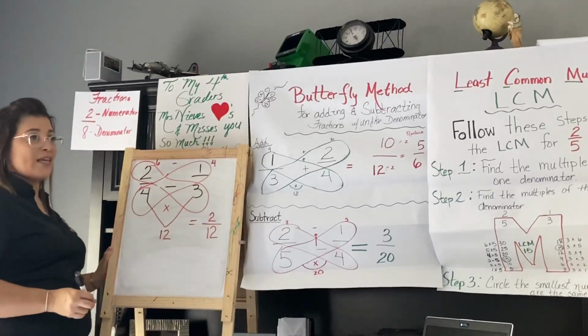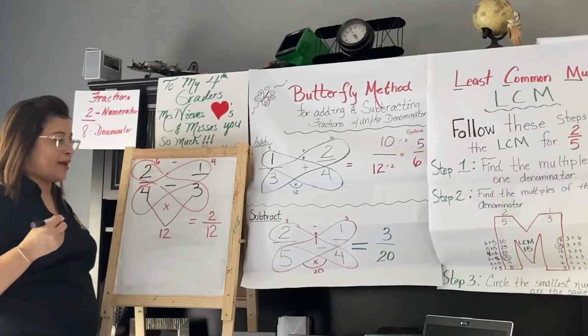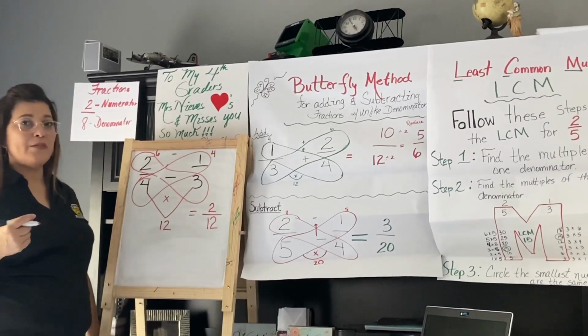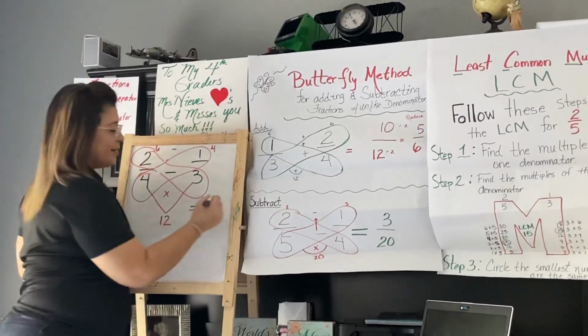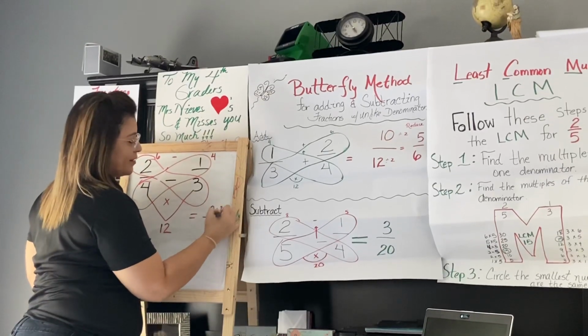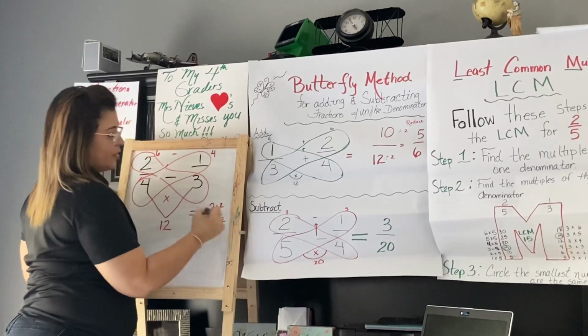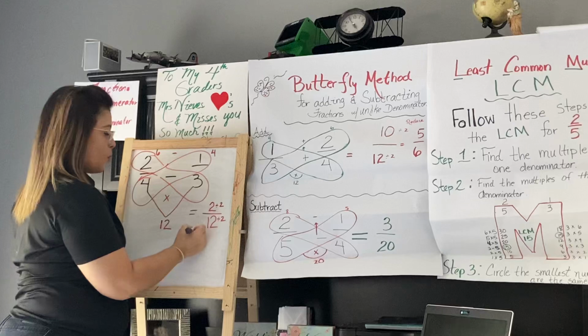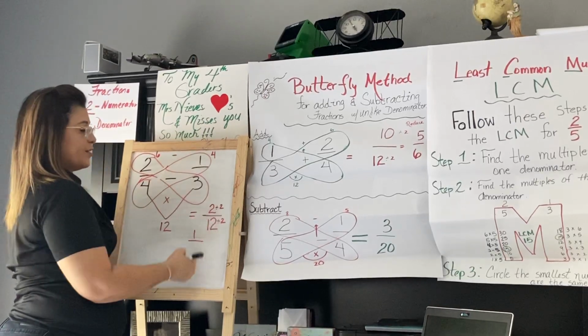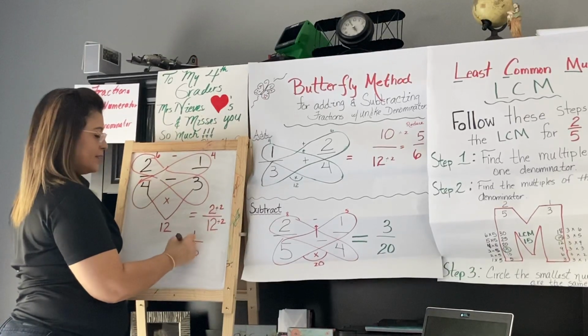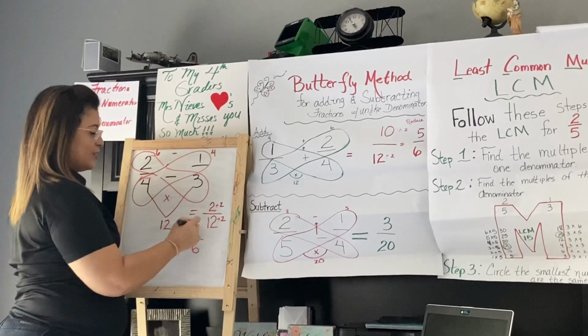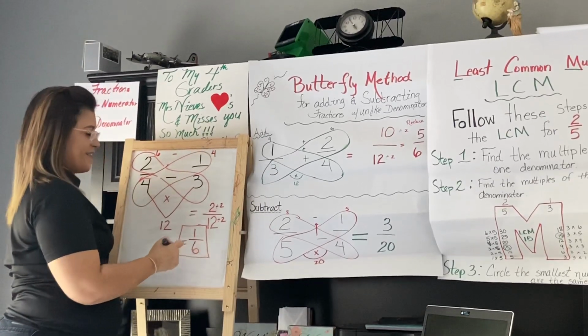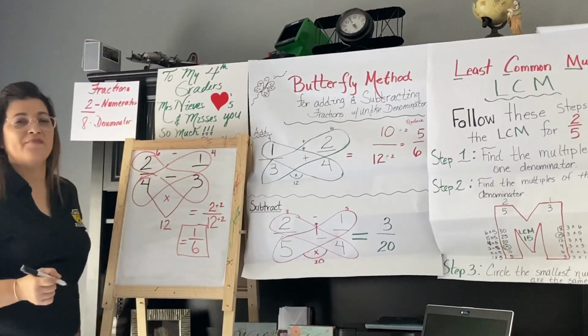Let's see. Is there any number that is divisible by both of them that we can reduce? Good job. 2 divided into 2 is 1, and 12 divided into 2 is 6. So that is our answer. Good job, everyone.